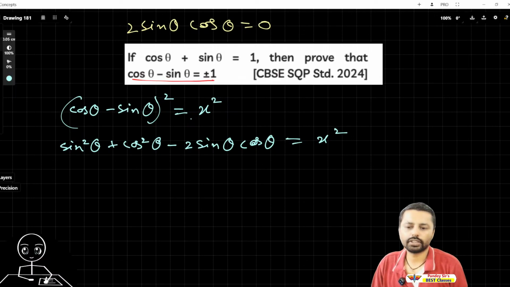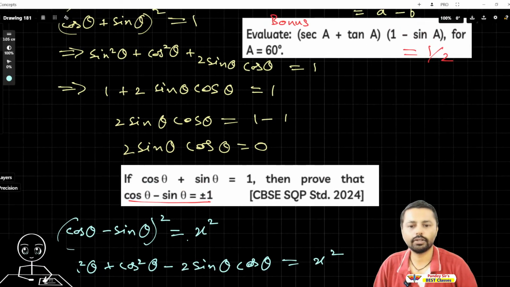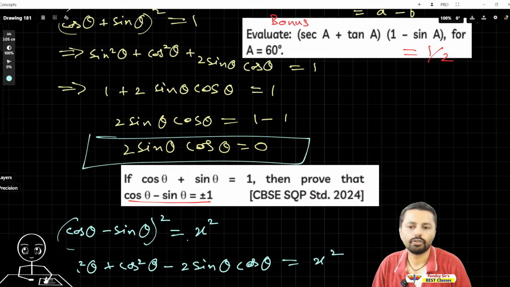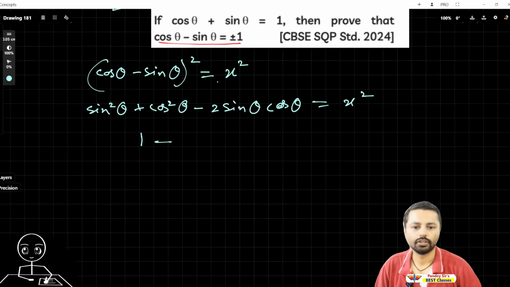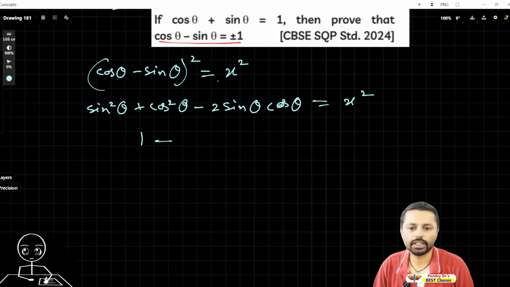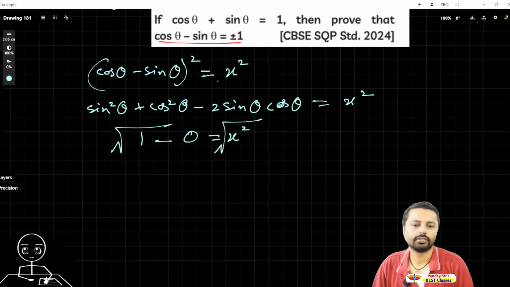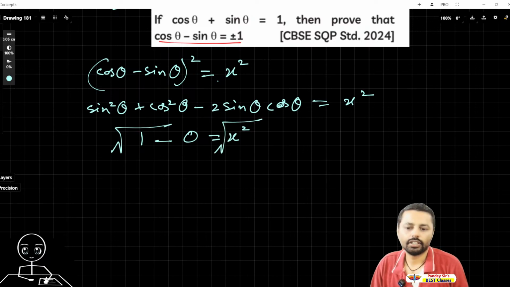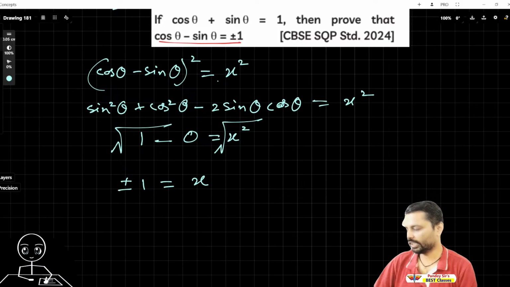Now sin square theta plus cos square theta is 1, and minus 2 sin theta cos theta, we got that as 0. So 1 minus 0 equal to x square. Now taking the root on both sides, we get plus minus 1 equal to x. And yes, we did it.